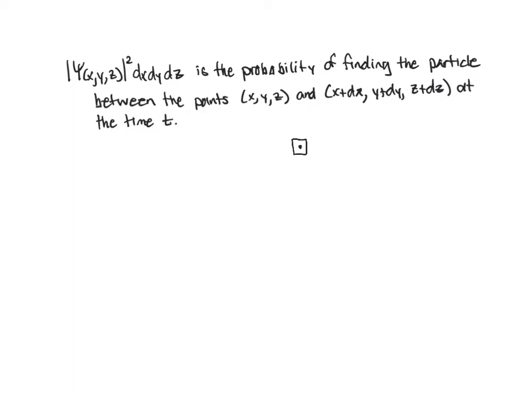So the consequence of this is that psi star psi, so psi squared, has to be equal to 1 when I integrate over all of space. So if I integrate over dx, dy, dz over all values of x, y, and z, all of my probabilities have to add up to 1. To be a good probability, if I add all probabilities, they have to equal 1.